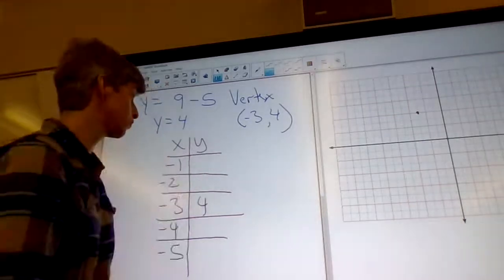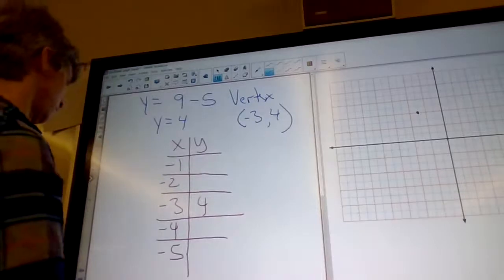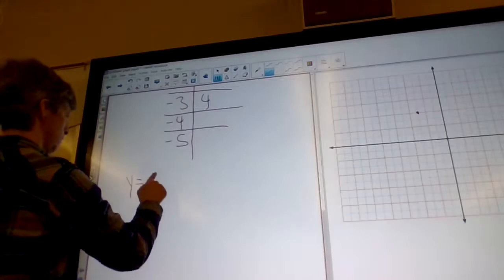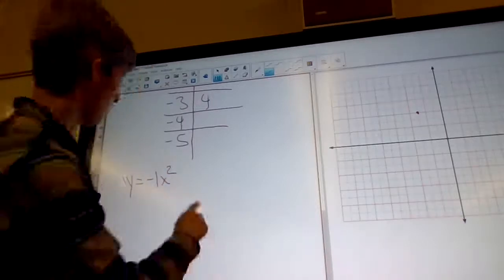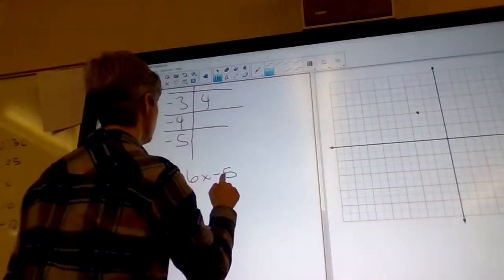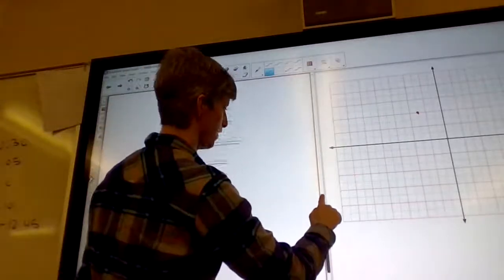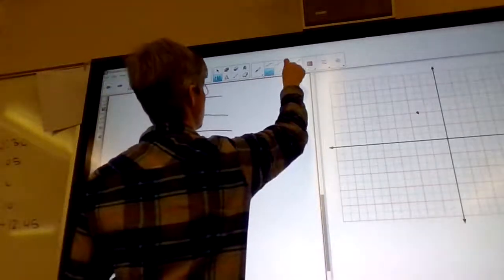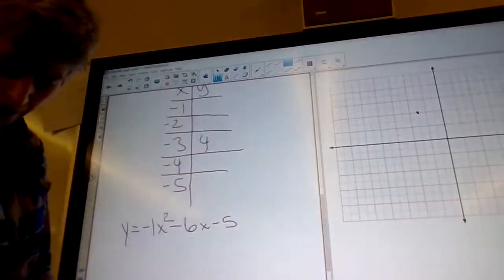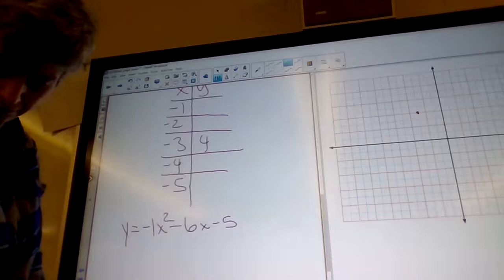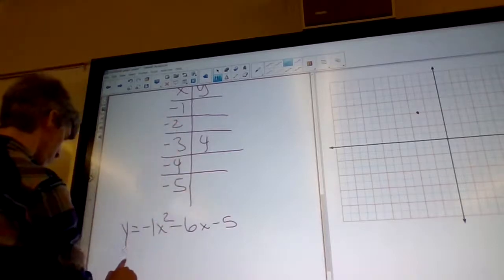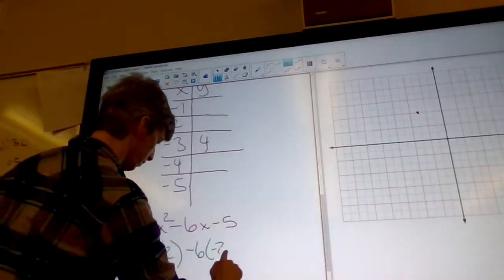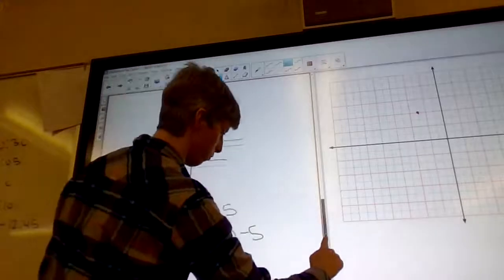Now to get your y coordinates, you have to do exactly what we just did for the vertex. So I'm going to rewrite my equation: y equals negative 1x squared minus 6x minus 5. I have to take each of the values I just put in the XY table and plug them in for x. This is a lot of work. So let's just do negative 2. Every time I see an x, I'm putting a negative 2, and then using order of operations.